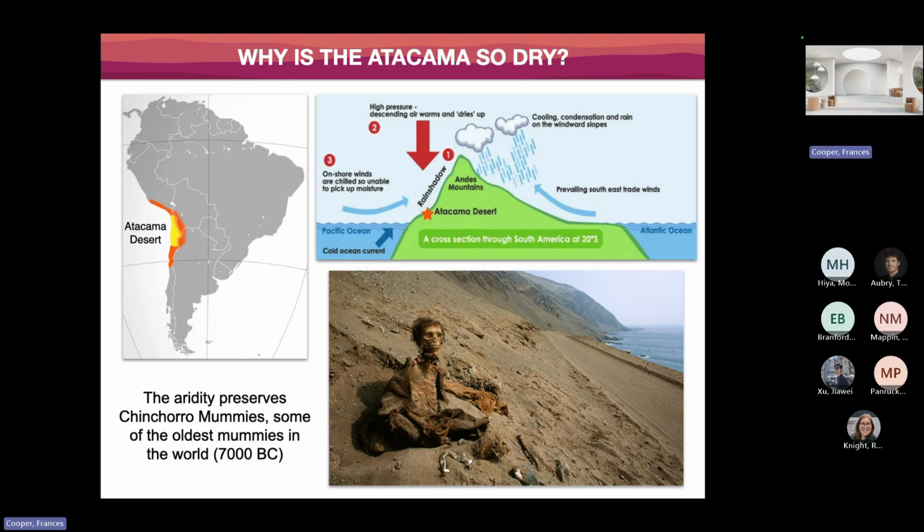We also have onshore winds that come off the very cold Pacific Ocean to the west. There are very cold upwelling currents in the Pacific, which means that because the ocean there is very cold, you don't pick up a huge amount of water from it. So the winds that blow off the Pacific here tend to be quite dry.